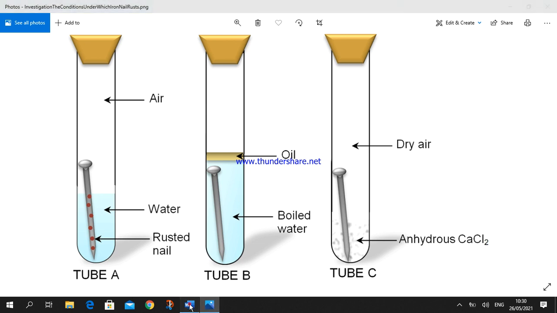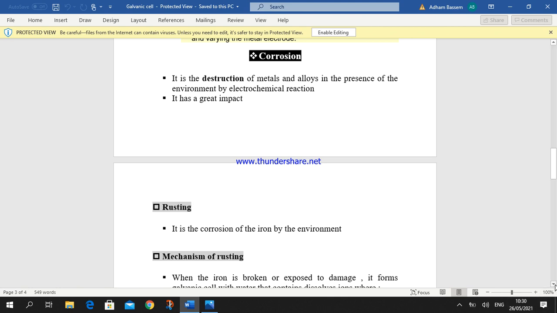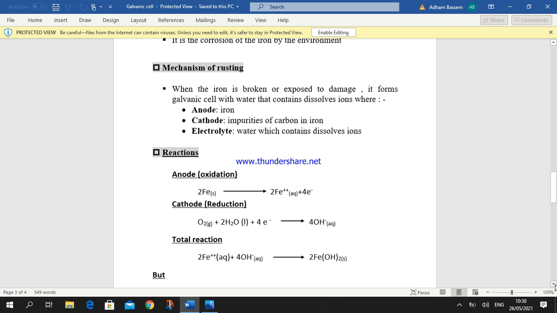Now, we will talk about the mechanism of rusting.